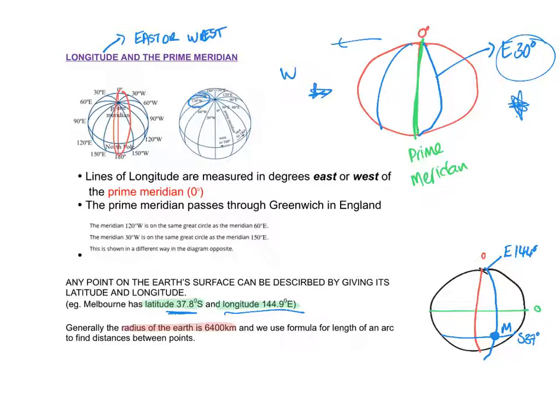Just be careful, you might want to write that this is the radius of a big circle, a great circle, not a small one. So it's the radius of a longitude and the radius of the equator circle only. You're going to see the formulas to follow. Let's just keep going.